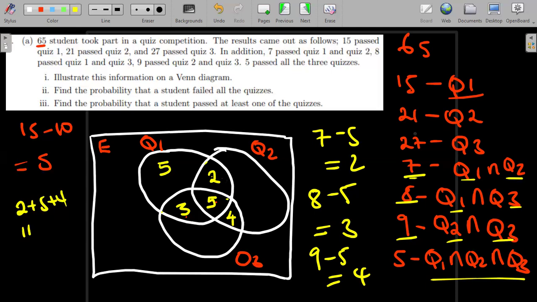So quiz 2, a total of 21 people took part. So we must subtract 21 minus 11 to find only those that managed to pass quiz 2 only. So when we subtract, we get 10. So it means 10 managed to pass quiz 2 only. Then we go to the other part here, which is quiz 3.